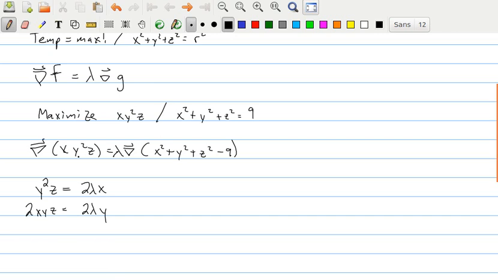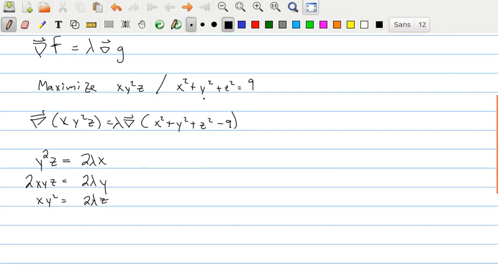And then the partial with respect to z is xy squared, and on the right hand side it is 2z times the lambda, so 2 lambda z. So these are the three equations we get from our gradient, and we also have this fourth equation that's our constraint, that x squared plus y squared plus z squared equals 9.